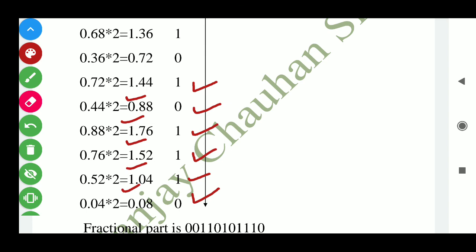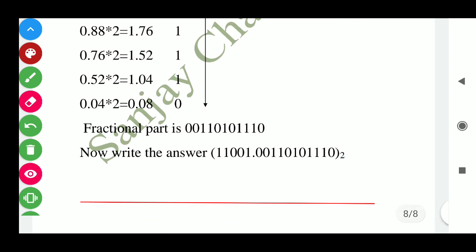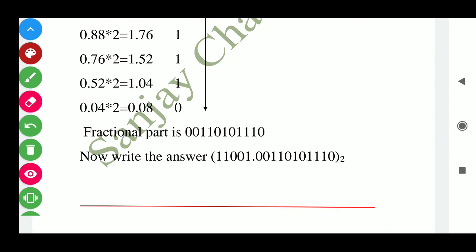So the fractional part is 0011011110. This is your fractional part, and just merge your integral part and fractional part. So write your answer. This is the way to convert your decimal number into a binary number.